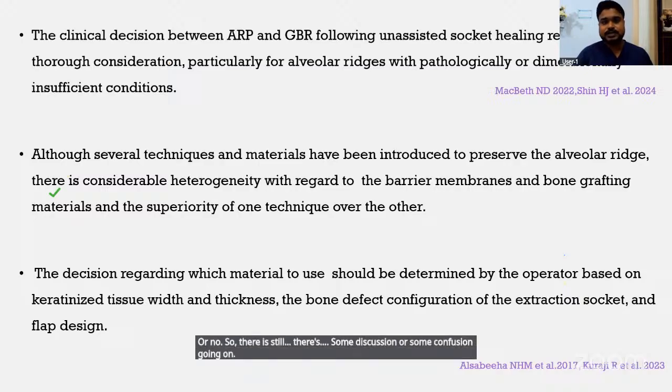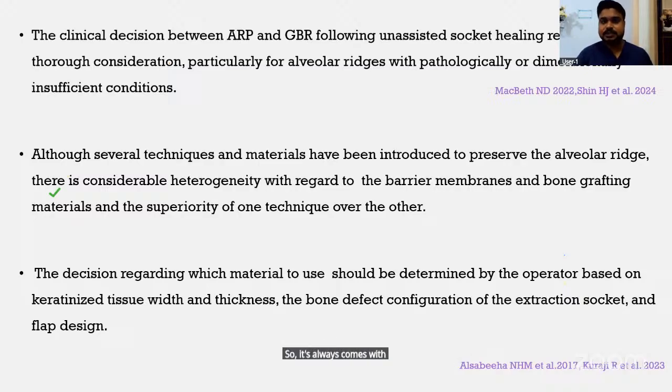So it always comes with a clinical decision depending upon the case, what to use, and depending upon the infection, the implant site and the timing of implant placement.